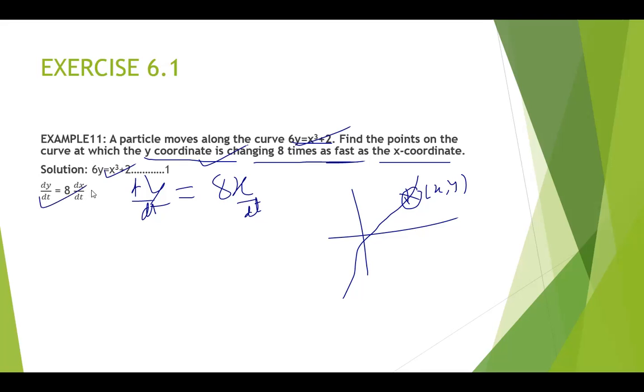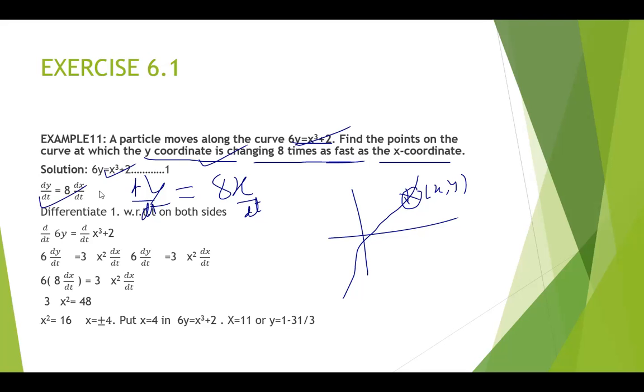So dy by dt is 8 dx upon dt. Next, I will differentiate the equation of curve with respect to time. Then I will express dy by dt in terms of dx only, because I know dy by dt is 8 times of dx by dt. So dy by dt is substituted as 8 times of dx upon dt.